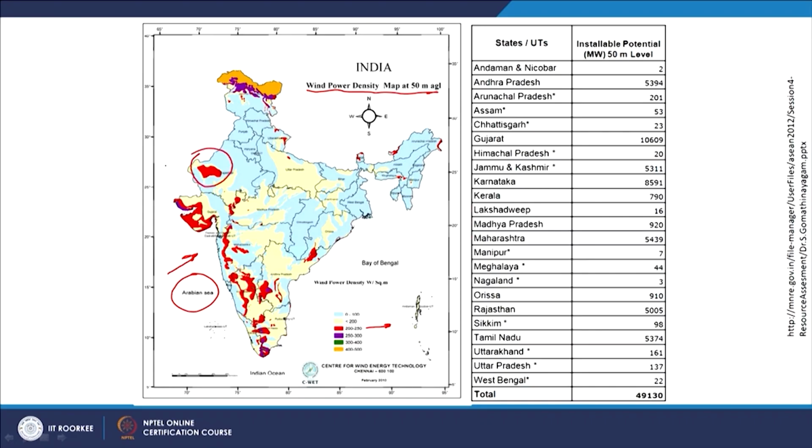A lot of wind farms have come up there, and this is the installable potential which has been estimated. Of course, in this calculation, the digital elevation model has played a very important role. But if somebody is doing this kind of estimation at a country level, like for India, which is basically like a continent, it must have been done on a relatively low resolution digital elevation model.